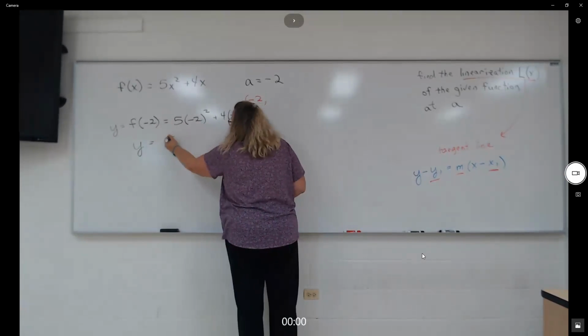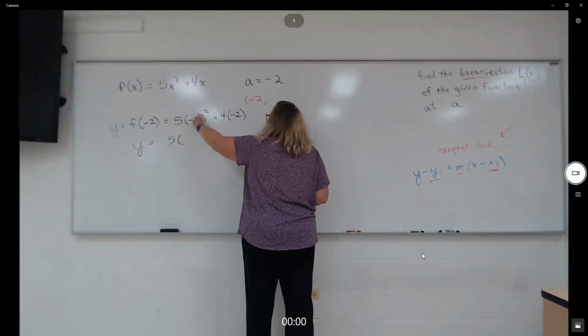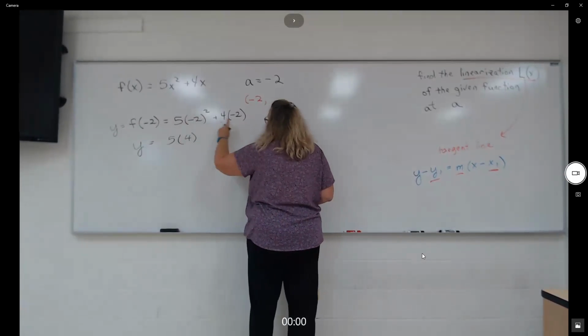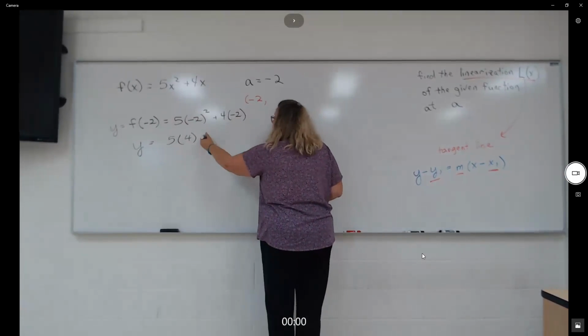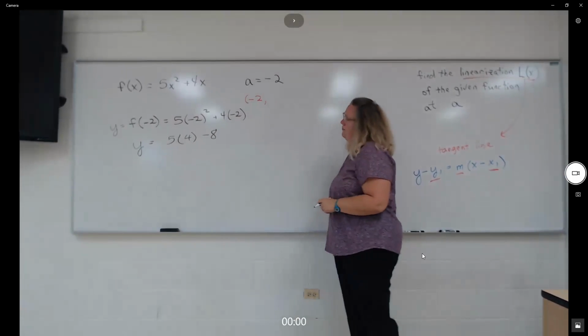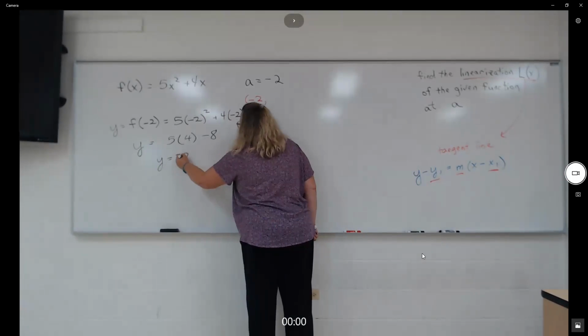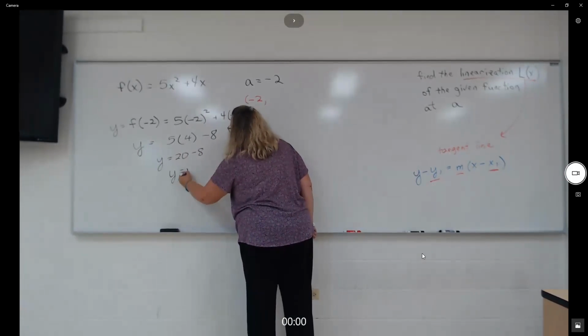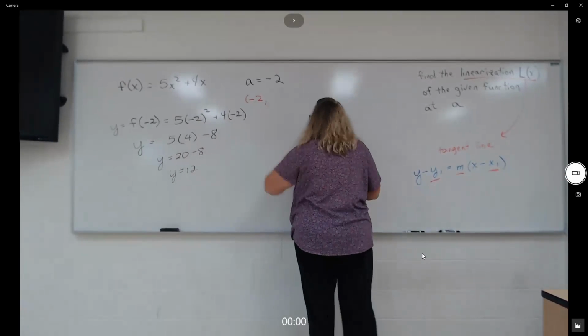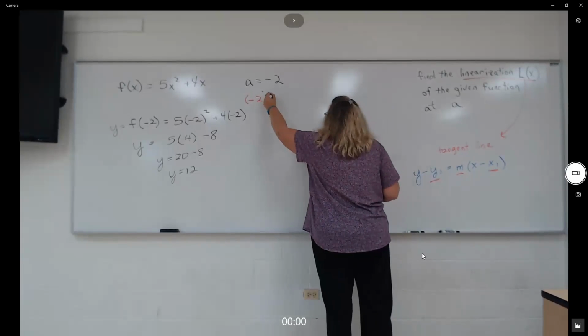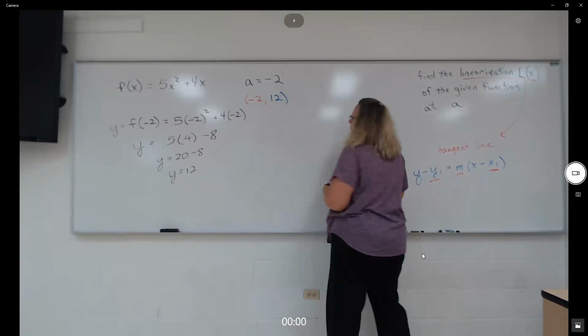And you can type it into your calculator if you want. Just be careful here. If you do it, this is +20, and this is actually -8. 20 minus 8 takes us to 12. Okay, so we got another piece. We got -2, and now we've got 12.